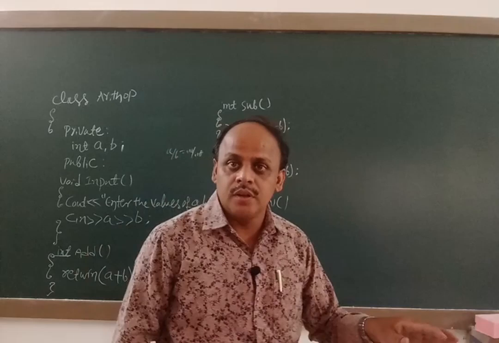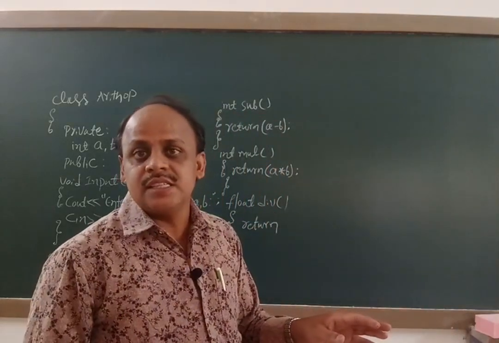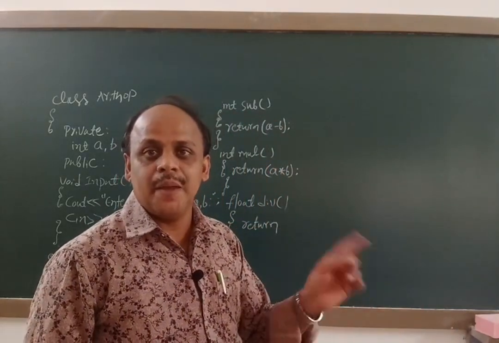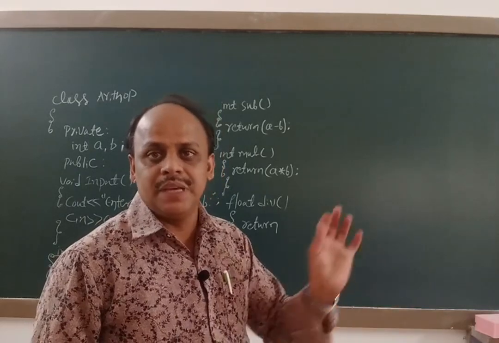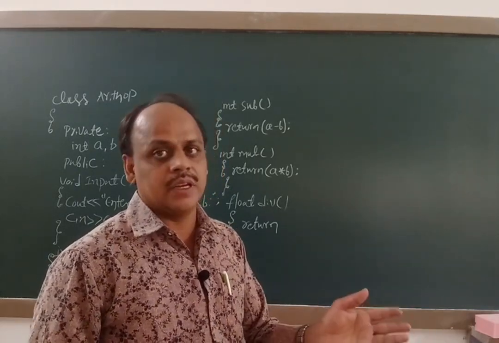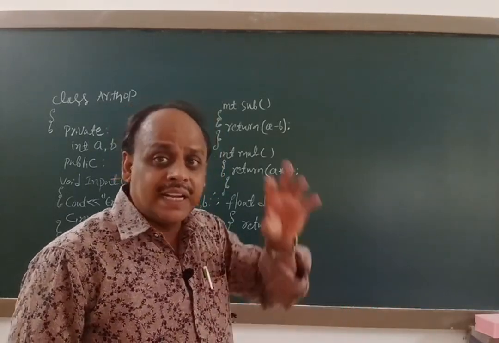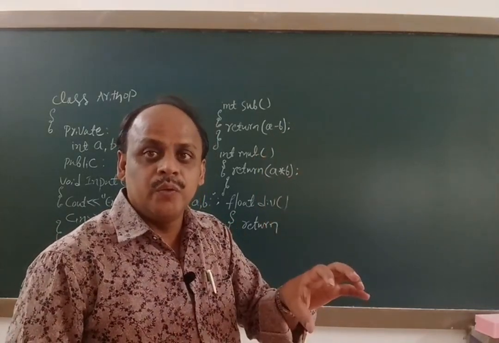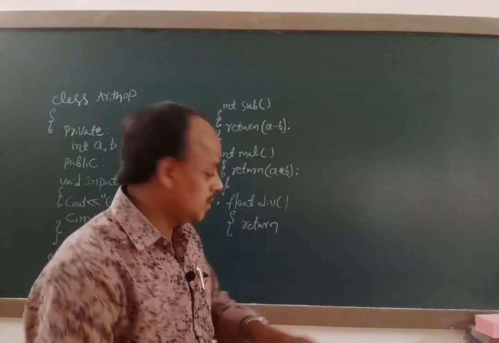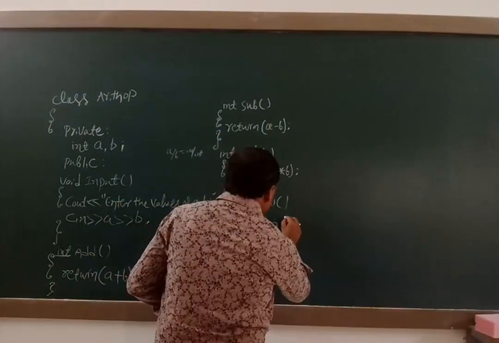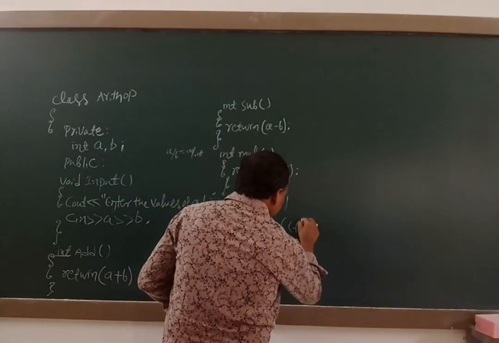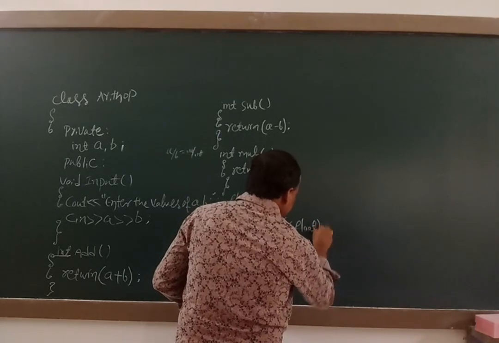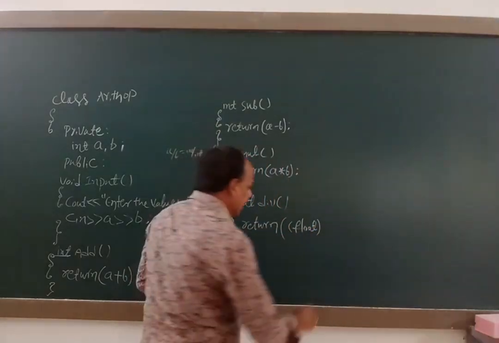Even though the answer should be float, it returns an int value, because A is int, B is also int, and int by int gives int only. To get that exact float value, we have to write return, in one bracket, float, A by B.